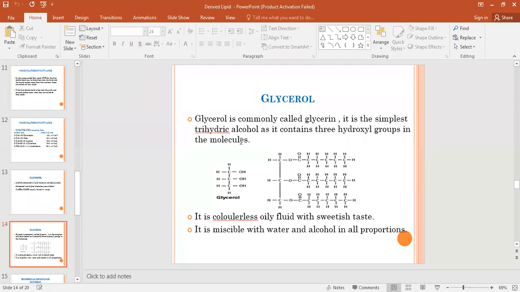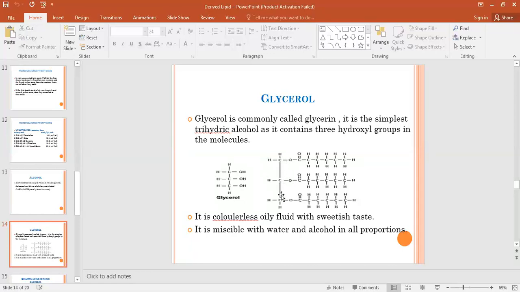It is the simplest trihydric alcohol, as it contains 3 hydroxyl groups in the molecule. This is the structural formula of glycerol. You can easily observe that 3 hydroxyl groups are attached here, so it is also known as a trihydric alcohol, and it is found in natural fats.